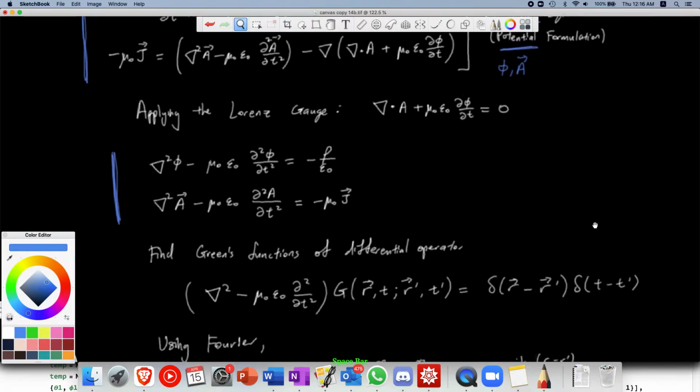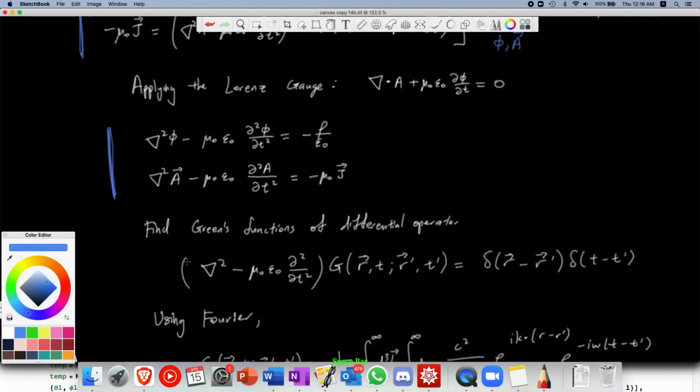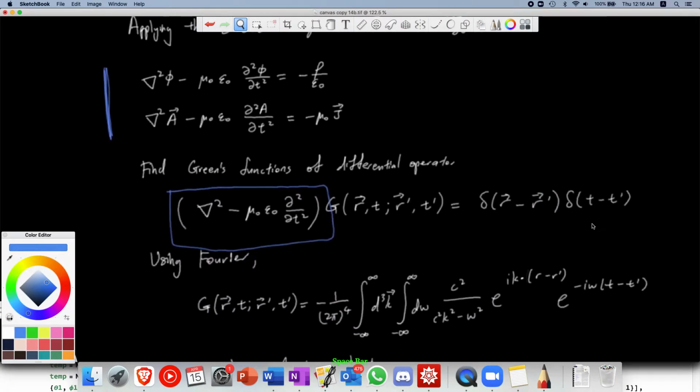Now we see that they're almost identical in that they both deal with this differential operator. So we want to find the Green's functions for this differential operator, and we are able to integrate over the Green's function and use it to find the general solution to these 2 equations.